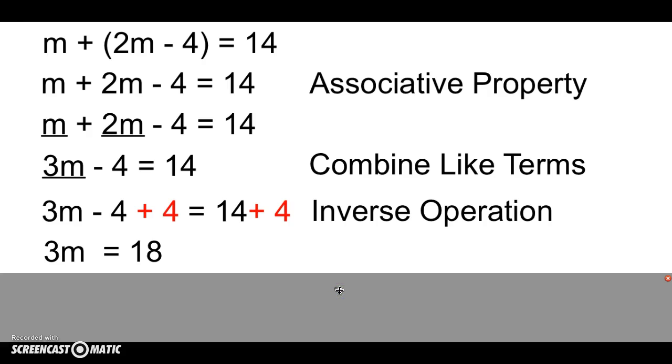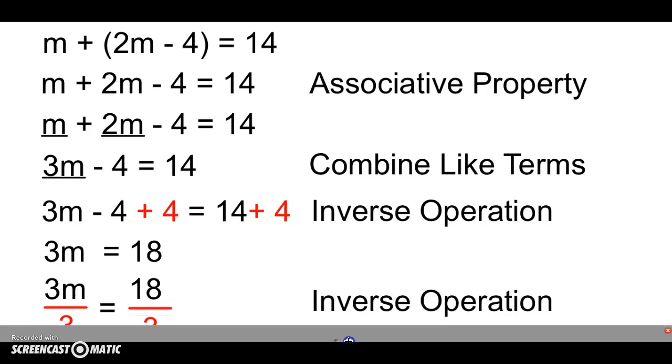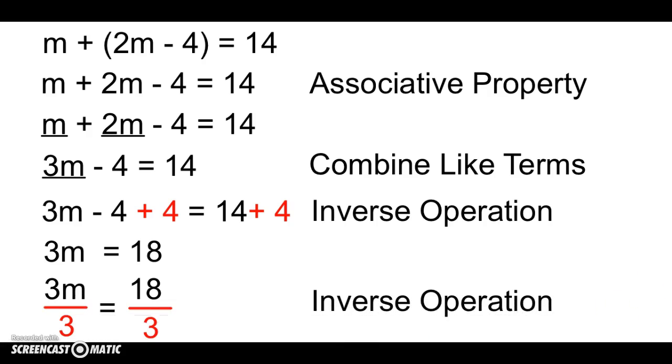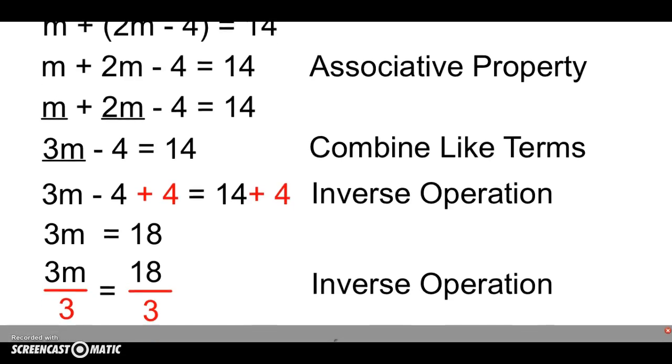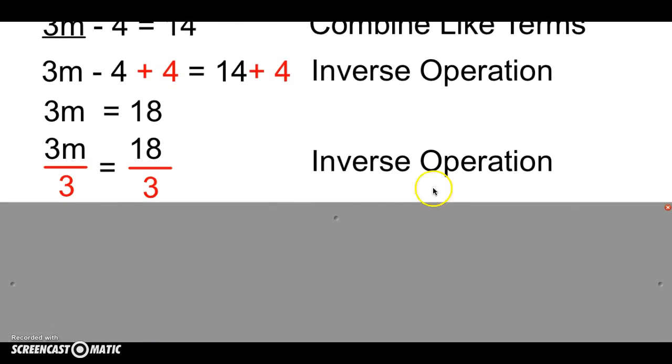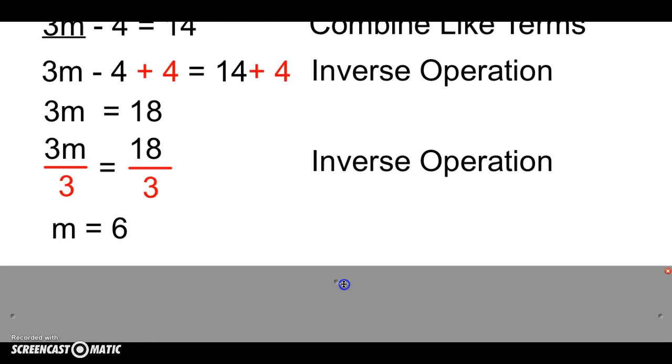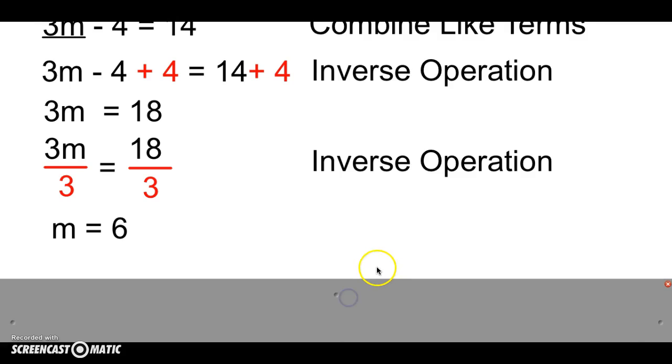The inverse operation of multiplying 3 times m is, of course, dividing both sides by 3, and that gives us a final result of m equals 6.